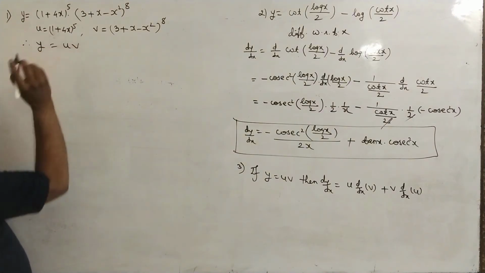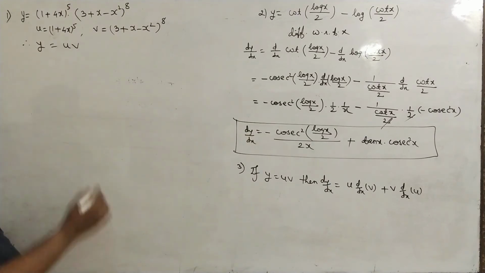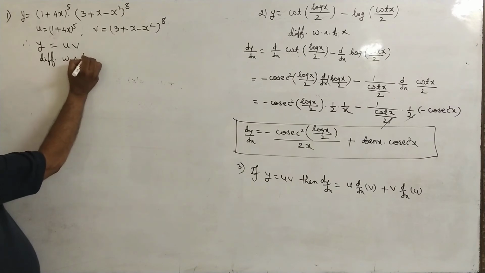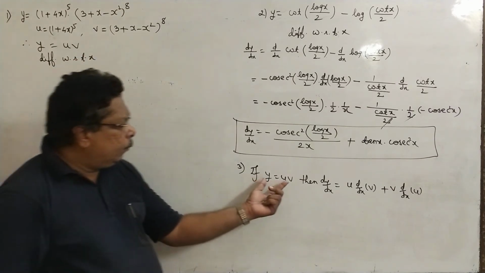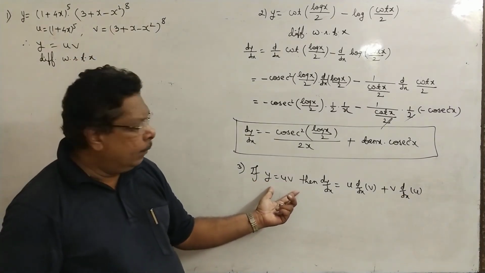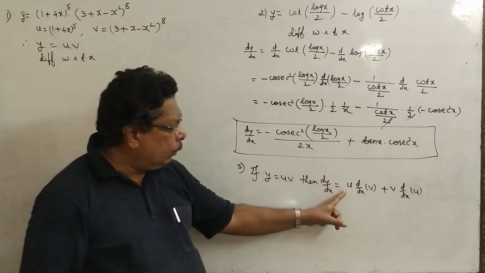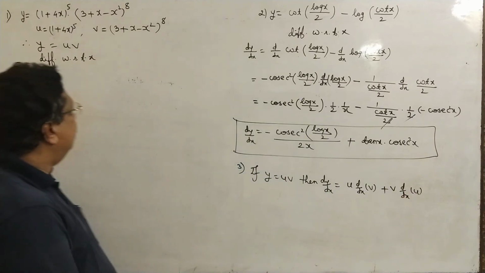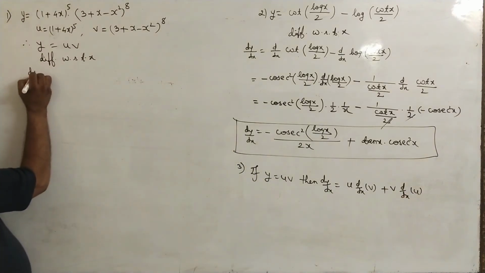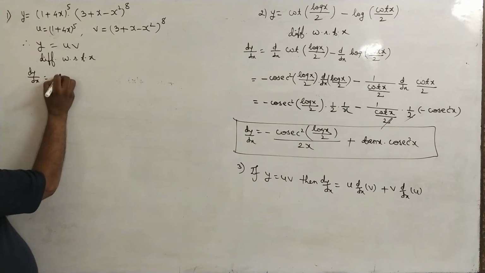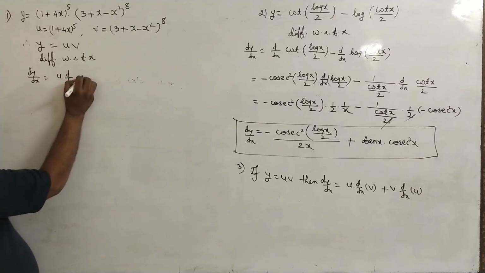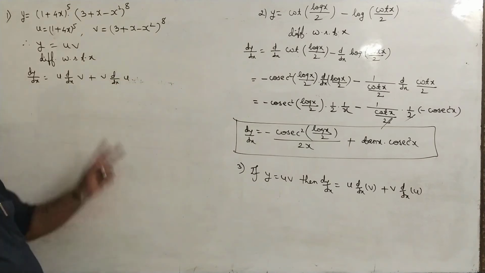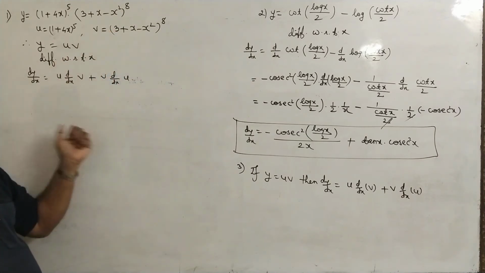y equal to uv. Differentiate this. What is the derivative of uv? If the two functions are in product form, the derivative of uv is u into the derivative of v plus v into the derivative of u. So dy by dx is equal to u into dy by dx of v plus v into dy by dx of u. Now substitute the values of u and v here.